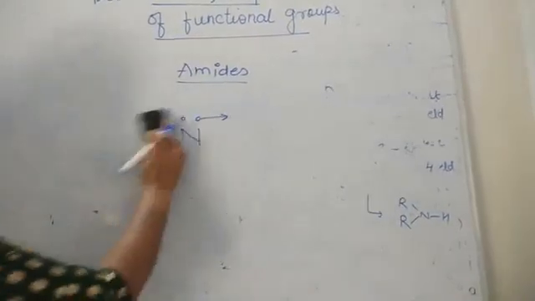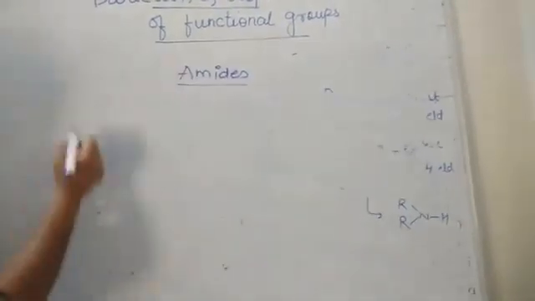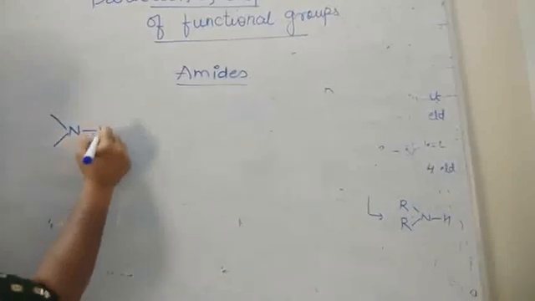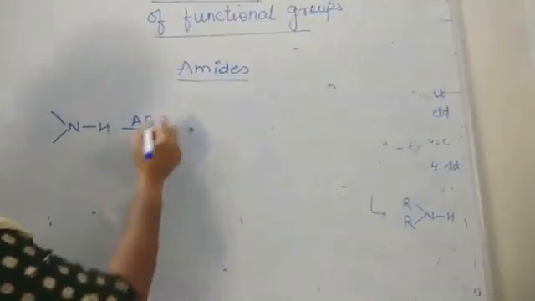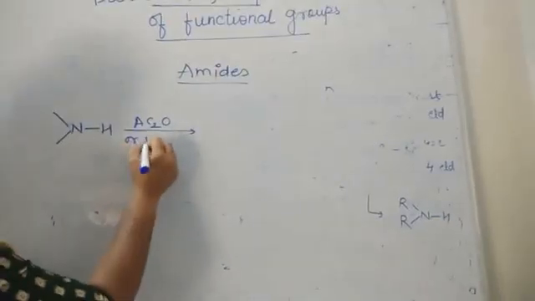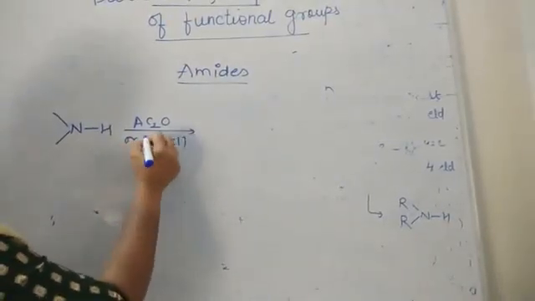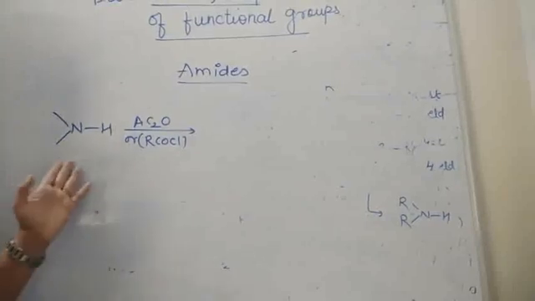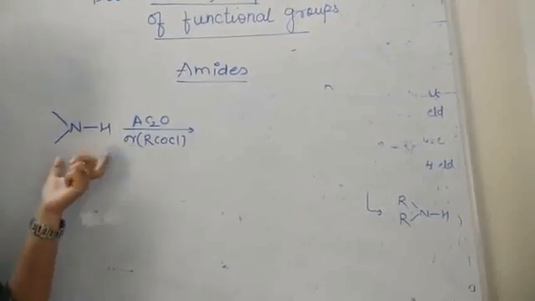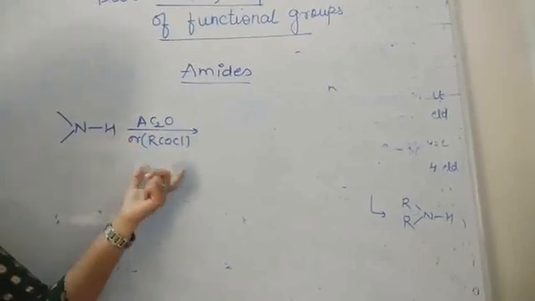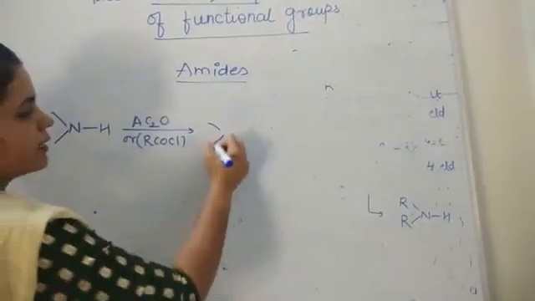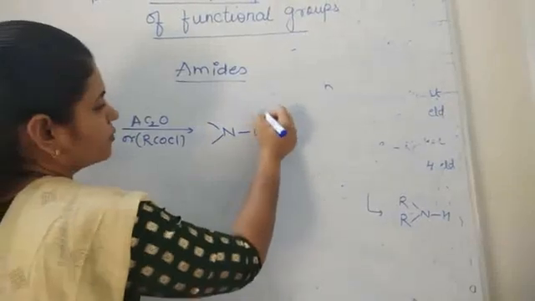So we can convert this amine into an amide. The reaction is: all of you know that amines are converted into amides either by using acetic anhydride or acetyl chloride, and here the amide is formed.